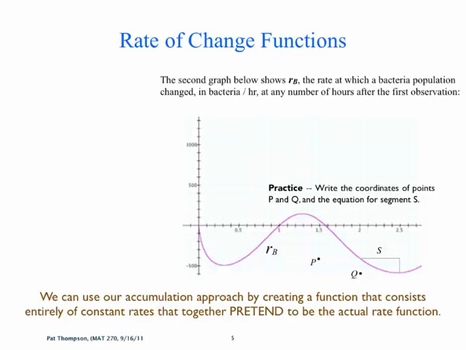Here's the situation. The name of the function is r of b, the rate function for bacteria. I've got a segment here, and then a corresponding change. I've got a point q and a point p. In order to progress to the next thing we want to do, you need to be able to write the coordinates of p and q and an equation for segment s.